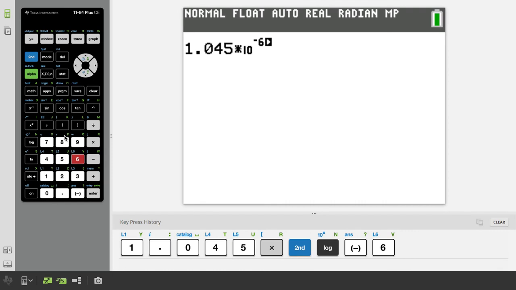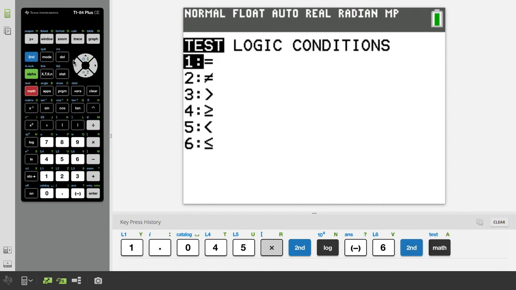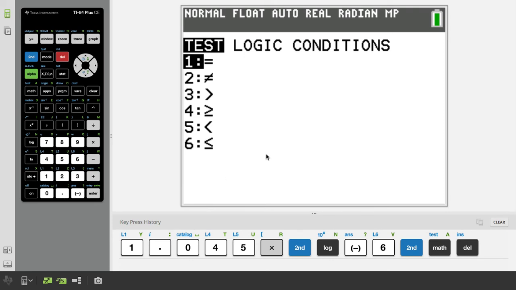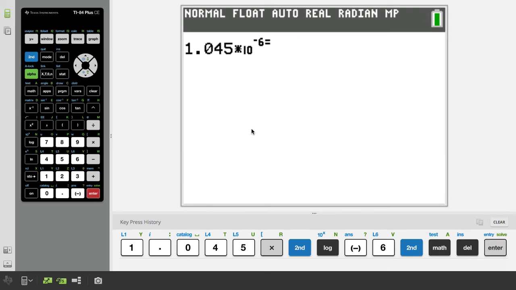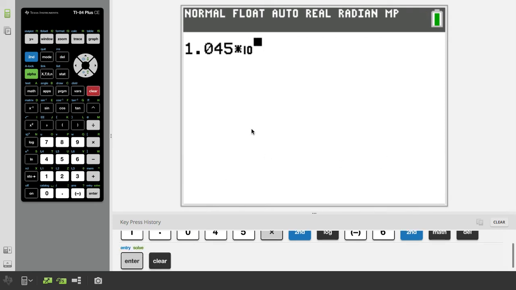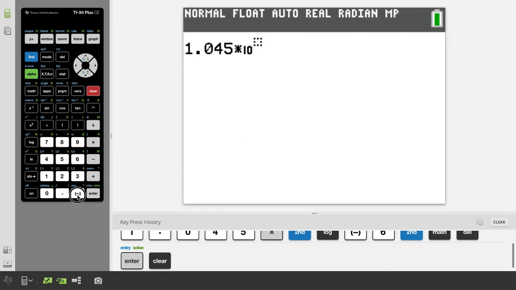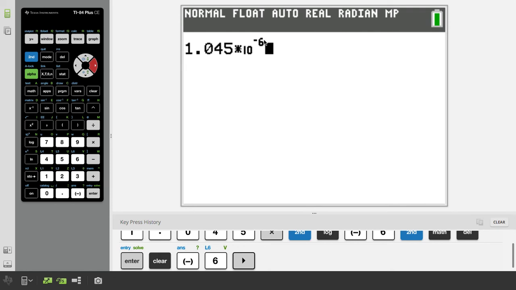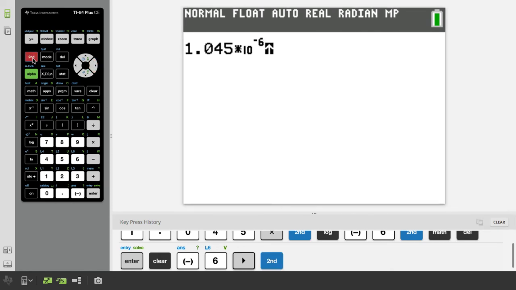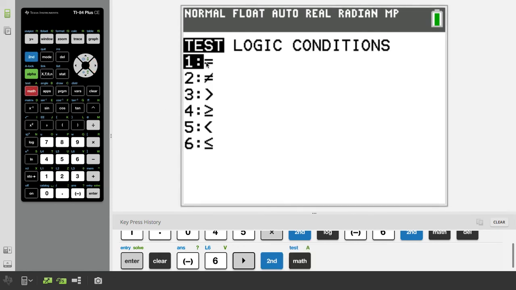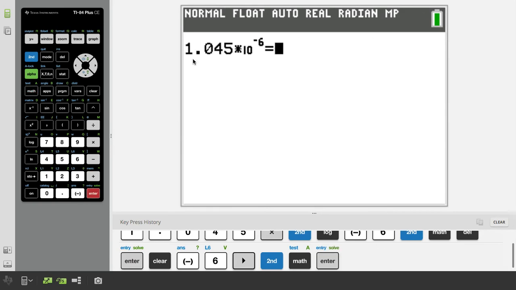And just like we did with Pythagorean theorem, oh, hold on 1 second. Okay, let me type that in again, negative 6. And then I'm going to hit over because I don't want my equal sign up there. Second, math, in order to get to test, we're going to select the equal sign.